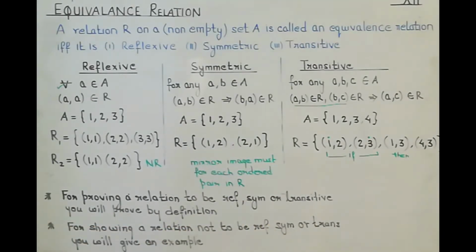You will prove the definition there. But for showing a relation not to be reflexive, symmetric or transitive, you will give an example. Is this point clear to you? So you can pause and note it down.